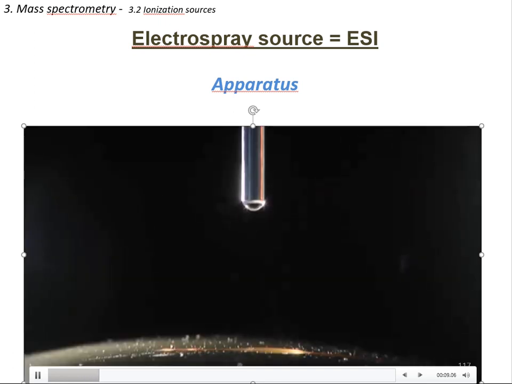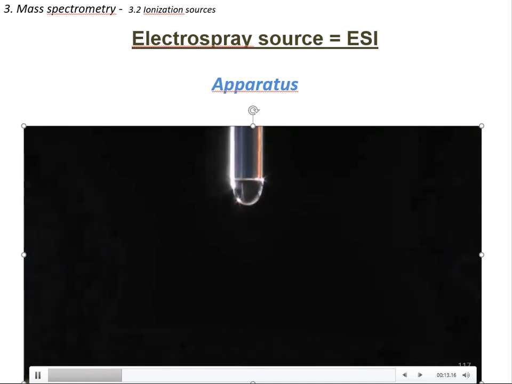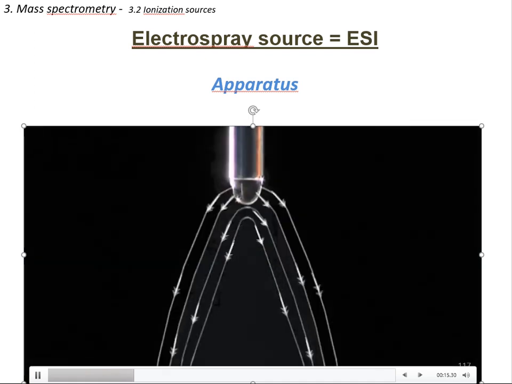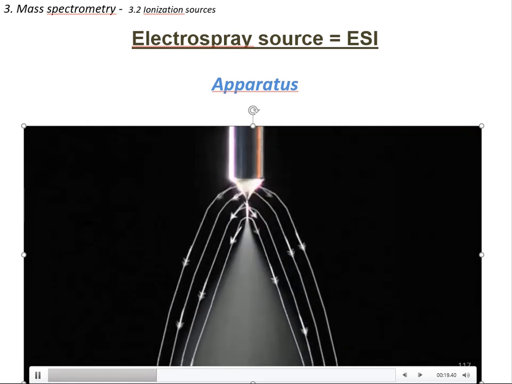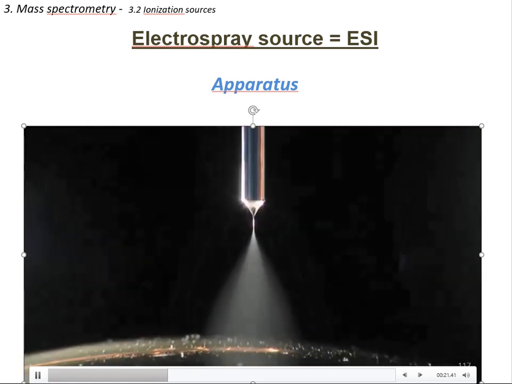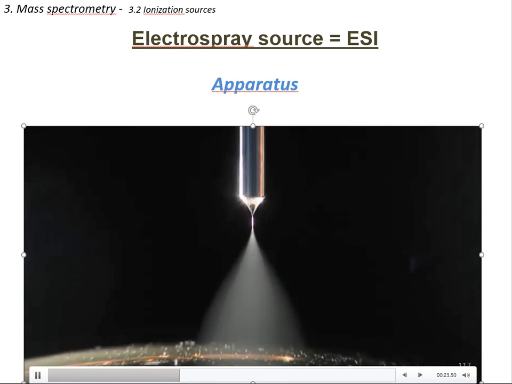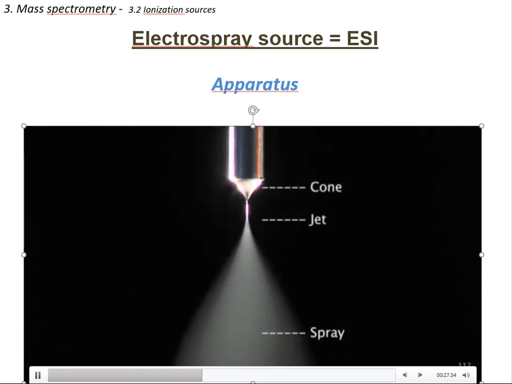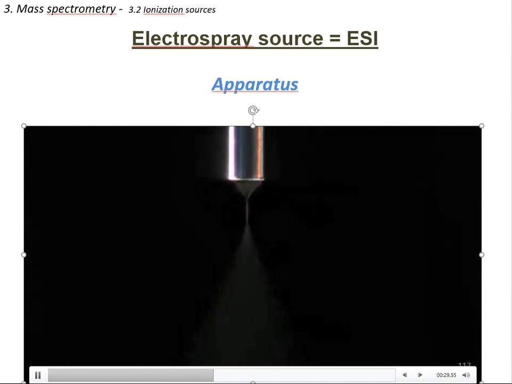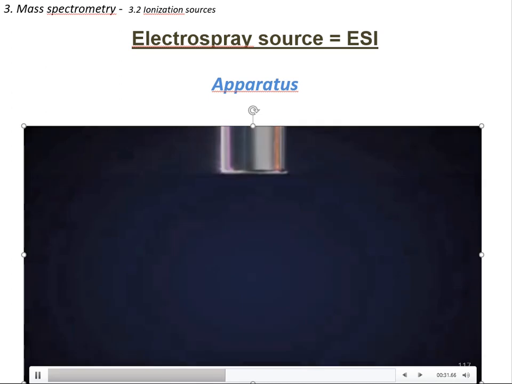If there is a constant flow through a capillary, you will have droplets. But if you put a high tension on this capillary, then it makes this particular spray that is quite standard. So these are micro droplets. We have different parts of it, the cone, the jet, and the plume.